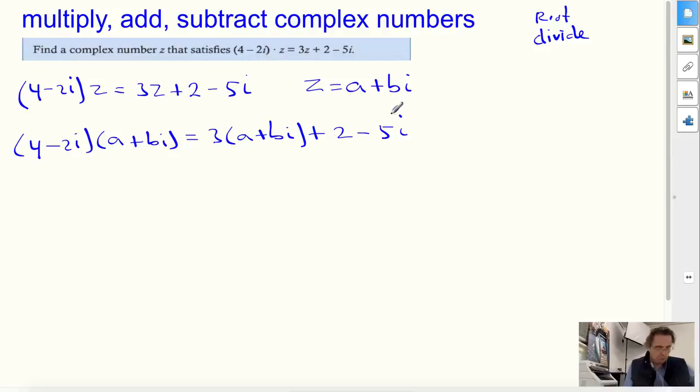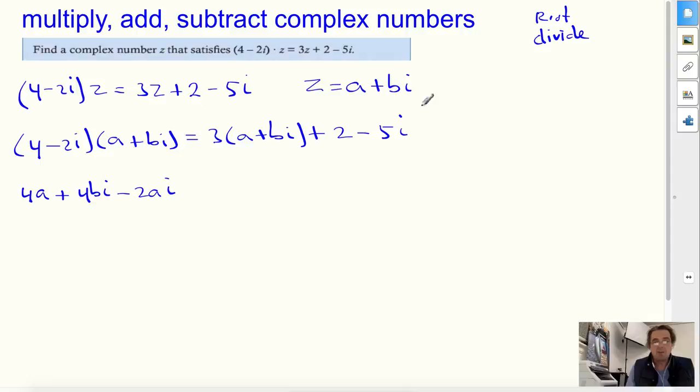Now, here's the multiplication of two complex numbers. So we can use FOIL on that. It's just expanding brackets. 4 times a is 4a, 4 times bi is 4bi, negative 2i times a is negative 2ai, and negative 2i times bi is negative 2b i squared.